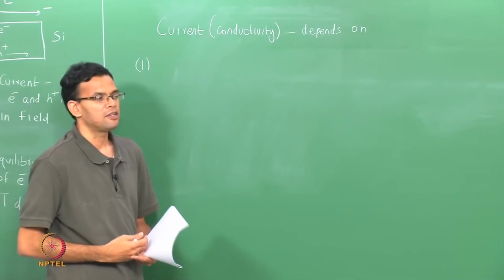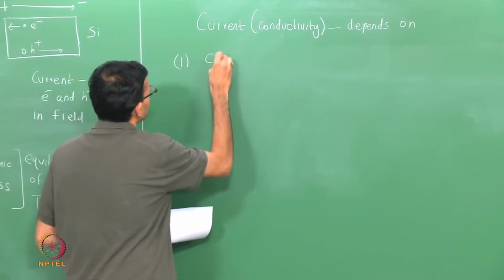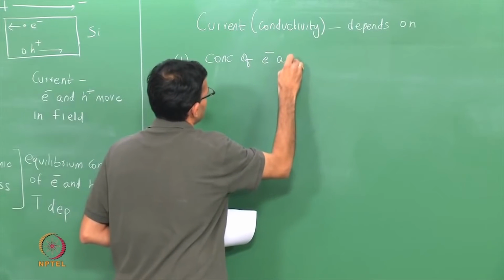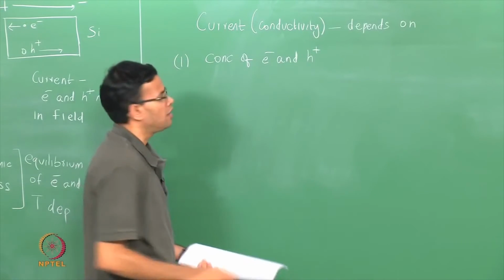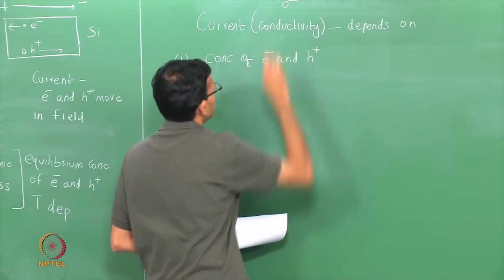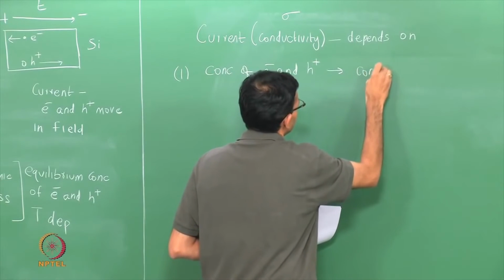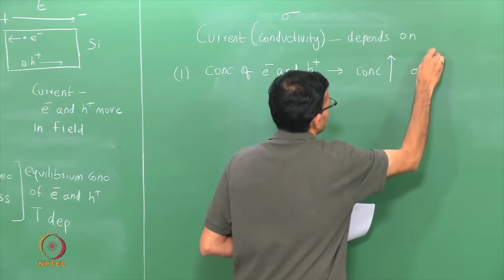So, the more electrons and holes there are, the higher is the conductivity. We can denote conductivity by the symbol sigma, and as concentration increases, your sigma will also increase.